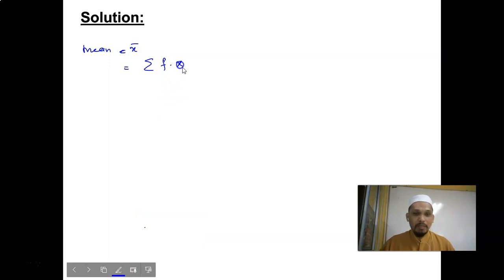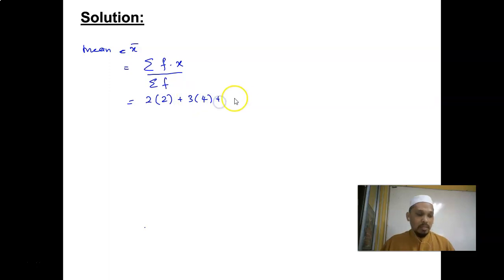Okay, f times x divided by summation of f. So from there you can see 2 students getting 2 marks, plus 4 students getting 3 marks, and then 3 students getting 4 marks, and so on.